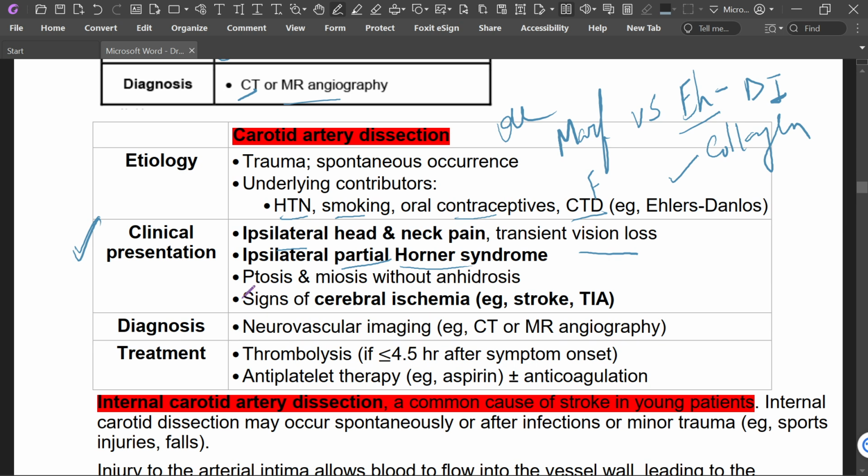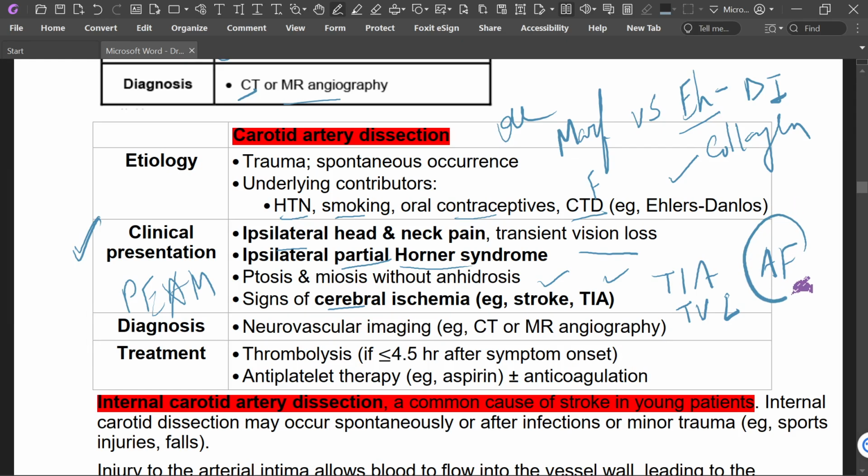That's why it is partial Horner. In Horner, there is ptosis, enophthalmos, anhidrosis, and miosis, but anhidrosis does not happen in carotid dissection. There may be signs of cerebral ischemia, like stroke or TIA. Transient vision loss is a part of TIA features; in TIA, transient vision loss is amaurosis fugax.